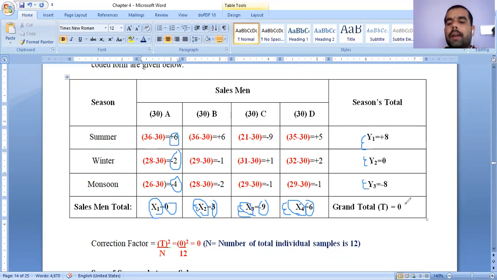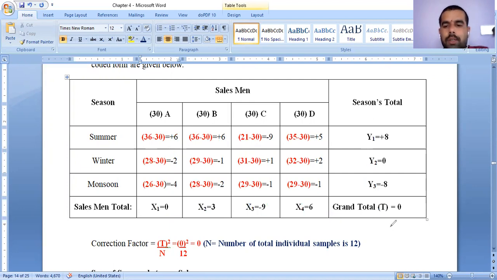Then finally the grand total will be done. You got the grand total 0 in this problem. Sometimes in other problems you will get numbers like 12 or 10, any number, and in that situation you have to consider that value.